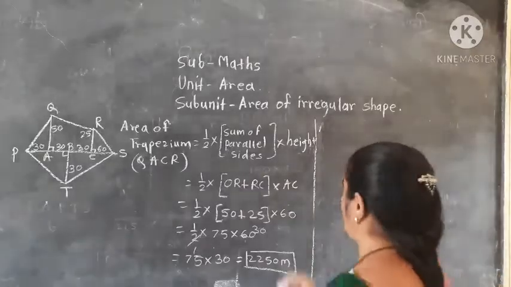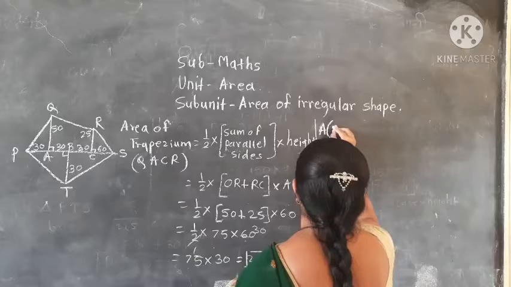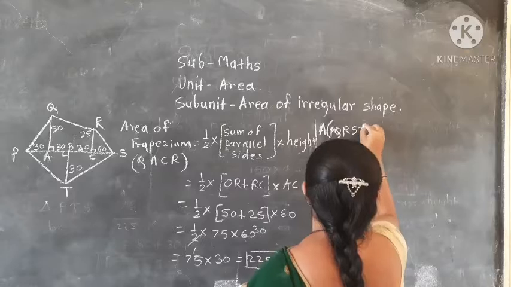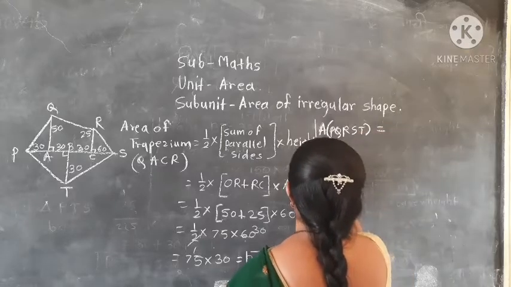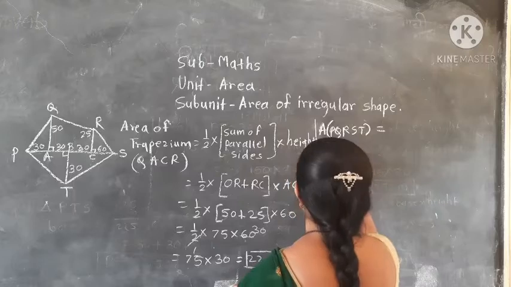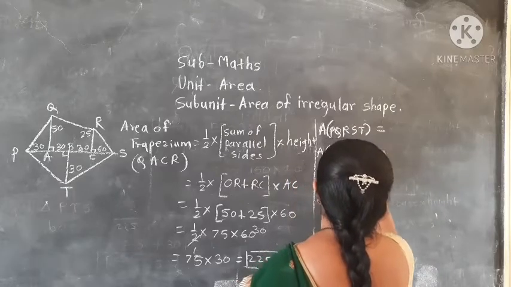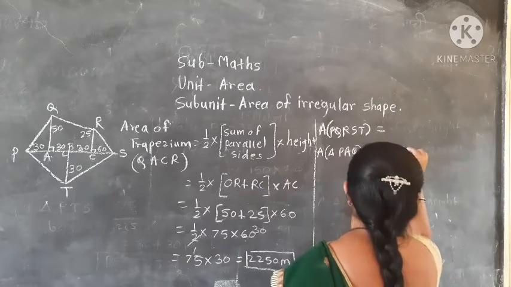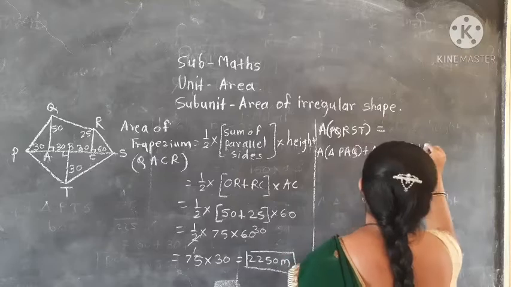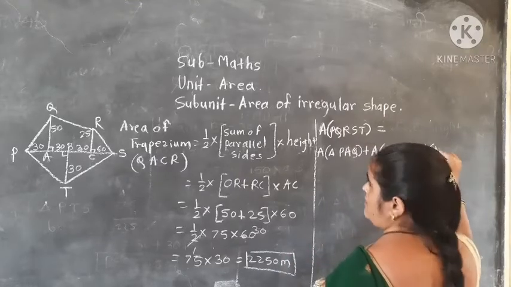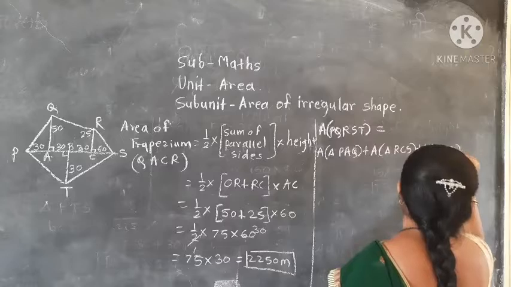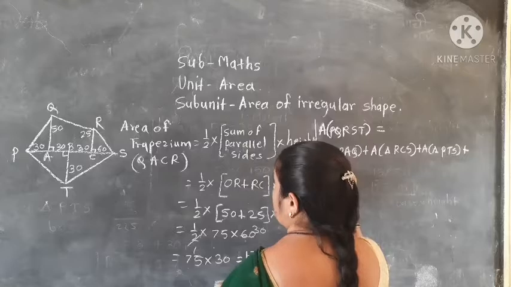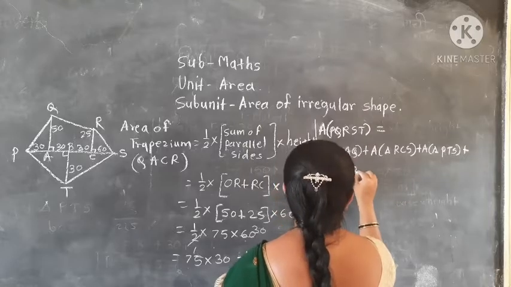Let's write here area of PQRST is equal to area of triangle PAQ plus area of triangle RCS plus area of triangle PTS plus area of trapezium ACRQ.